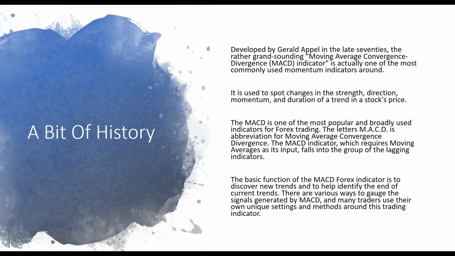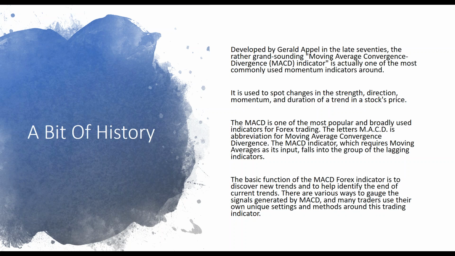The MACD indicator, which requires moving averages as input, falls into the group of what's called lagging indicators. We have leading indicators, lagging indicators, oscillators, bounded and non-bounded. MACD is a lagging indicator. It lags slightly behind the market.